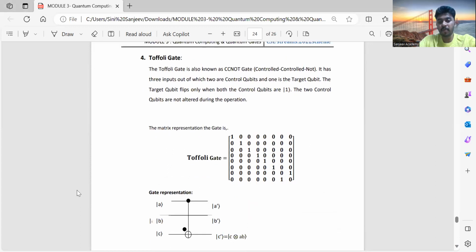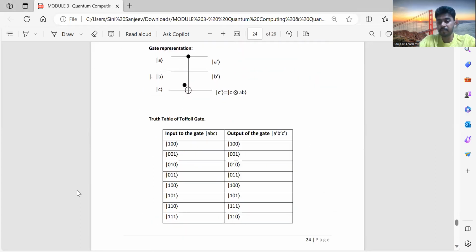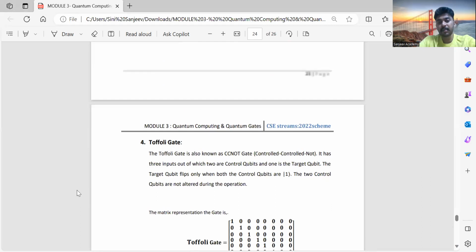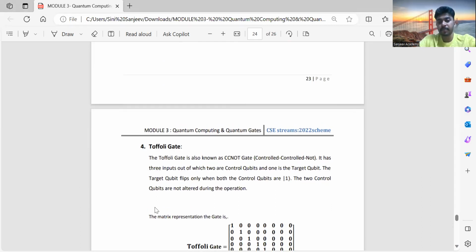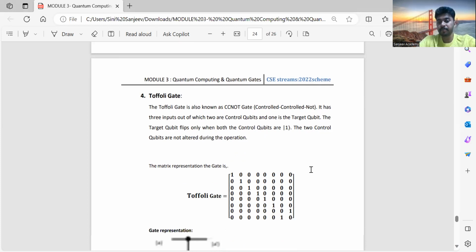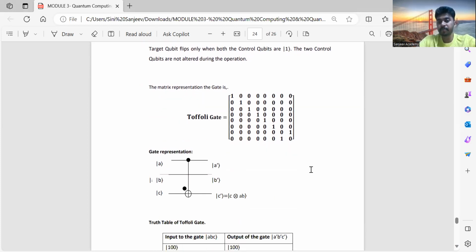And for the Toffoli gate, this is a 3-bit gate, out of which two are control qubits and one is the target qubit. We can see here the diagonal has 8 entries, 1, 2, 3, 4, 5, 6, 7, 8. Except for the last two, all diagonals are 1.